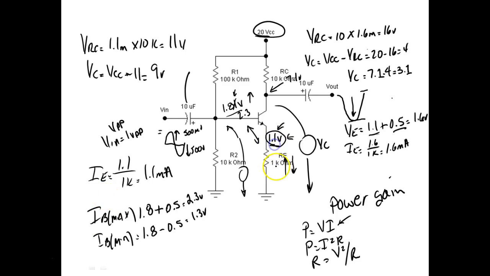This was our VE to start off with. And so we started off when we said IE would be equal to 1.1 volts divided by 1K, which would originally give us 1.1 milliamps. And then we said VRC, the voltage drop across that resistor, would equal 10K times 1.1.